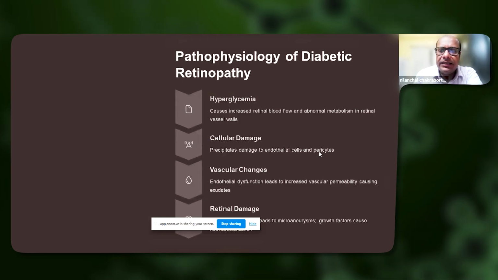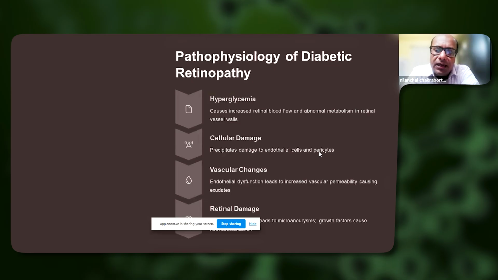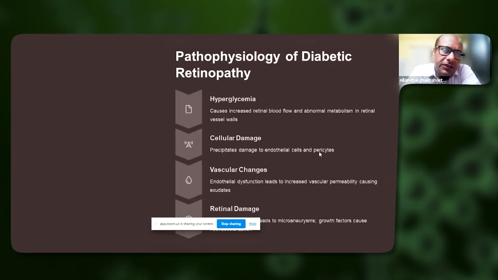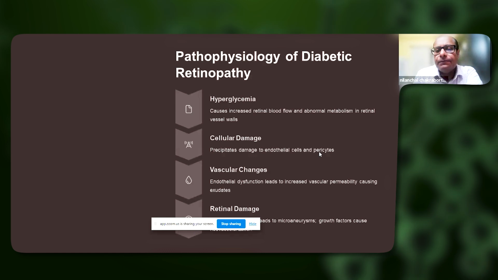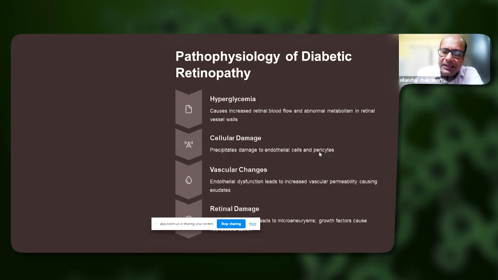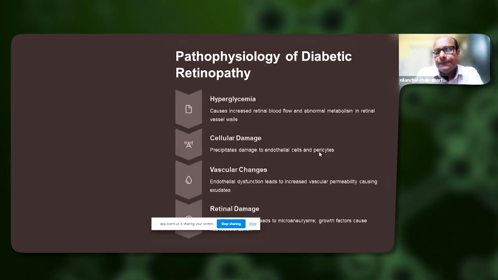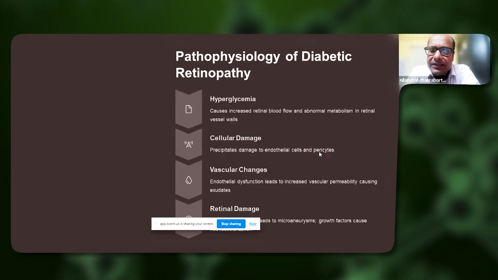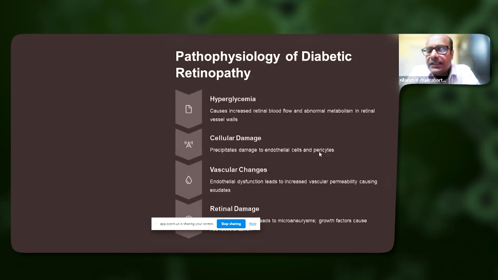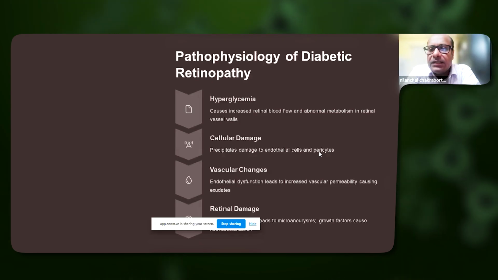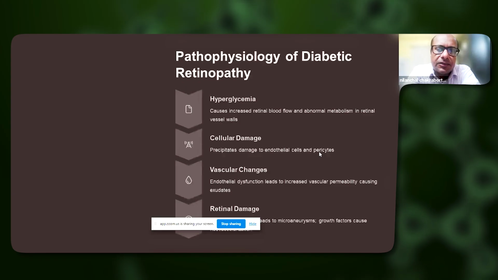Diabetic retinopathy is another high yield topic. Usually it has to be differentiated between proliferative and non-proliferative diabetic retinopathy. The proliferative retinopathy is where neovascularization is happening. Other than that, the non-proliferative diabetic retinopathy is usually differentiated in terms of mild, moderate, and severe, depending on the area of involvement in the blood vessels of the eye.